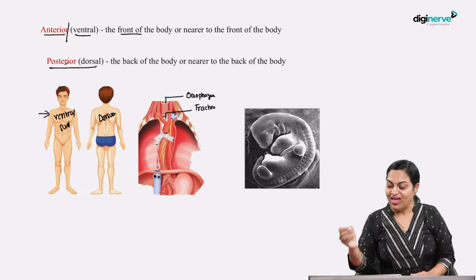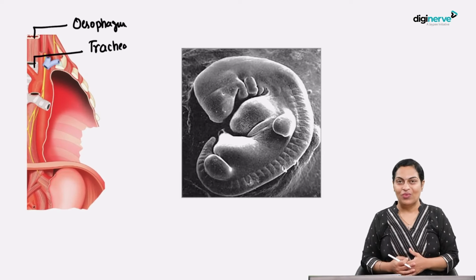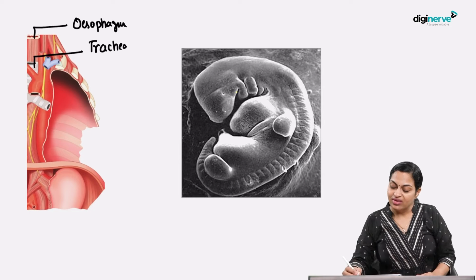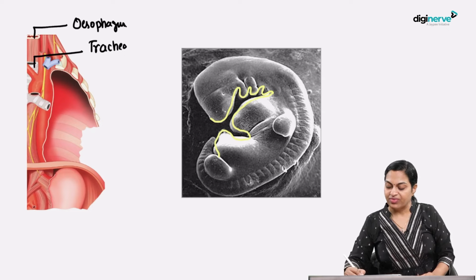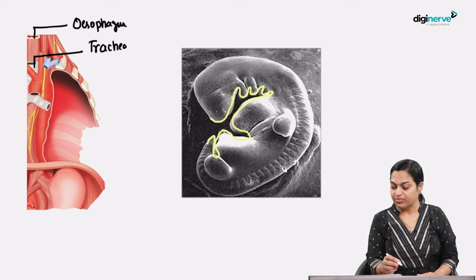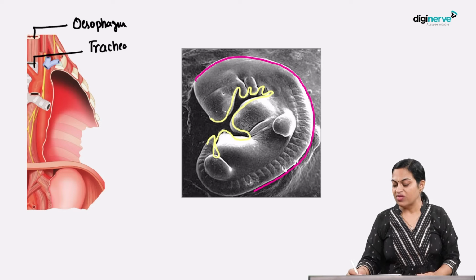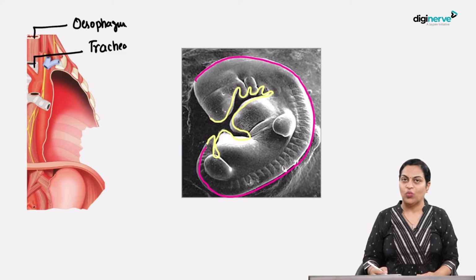And here again, this is a picture of the embryo, the fetus. For the embryo, this is going to be the ventral surface, the front of the embryo. And this is going to be the dorsal surface of the embryo.